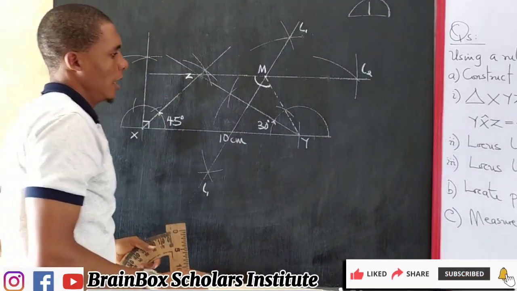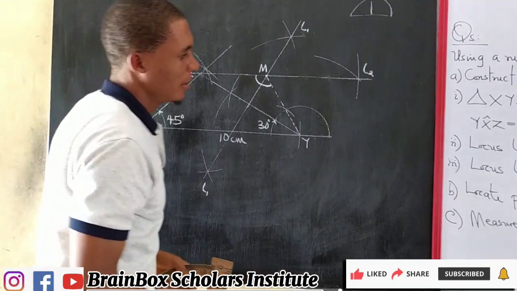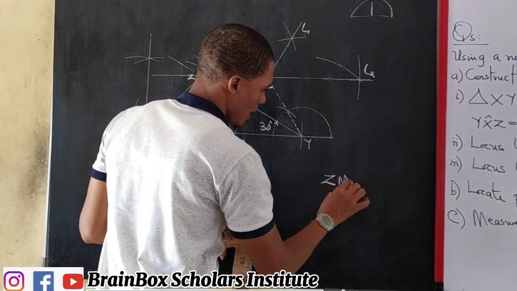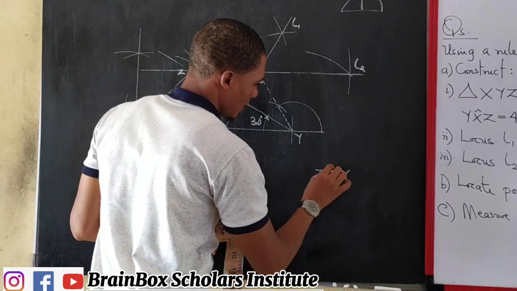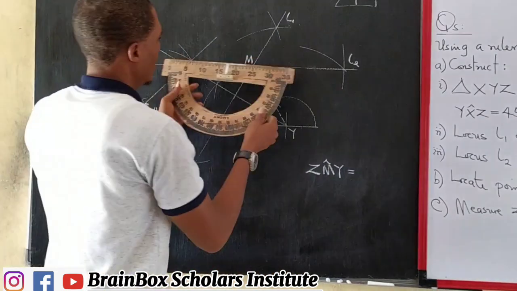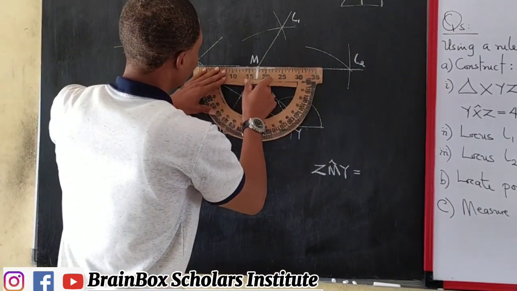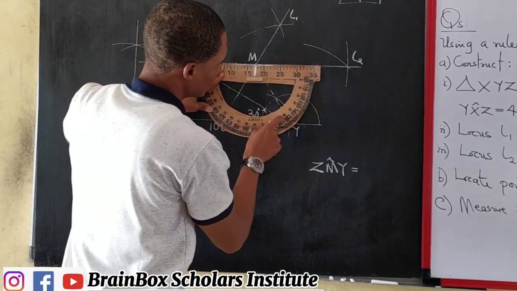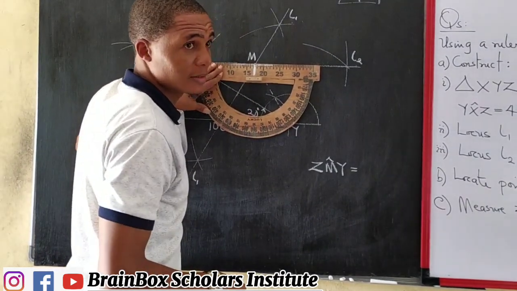So, I'm having a Z, M, Y. Okay? Don't mind my own though. If I measure my own, mine is giving me 130. Yes. Mine gives me 130.